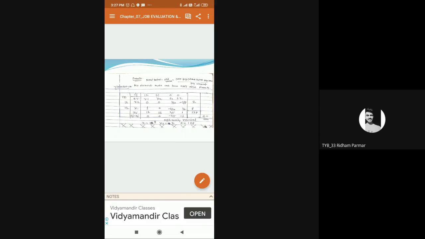So here 12 minus 12, it is 0. Then 16 minus 16, that is 0. And the last are minus 5 and minus 1.